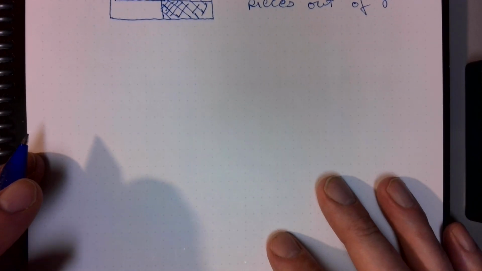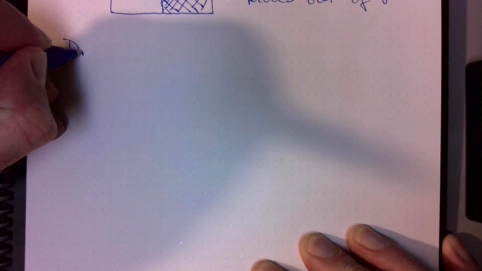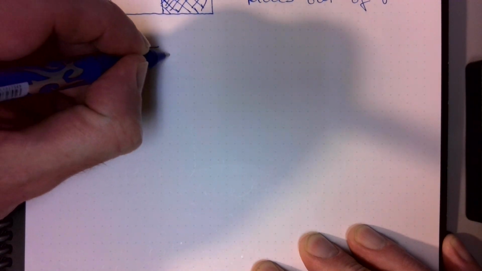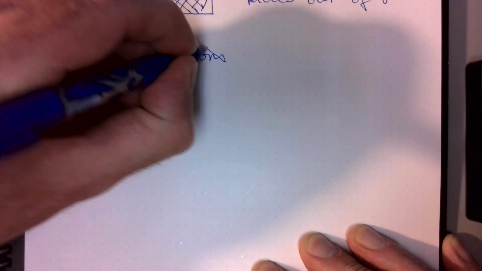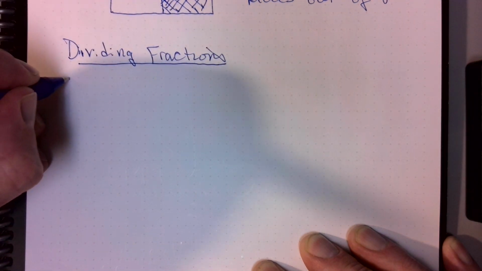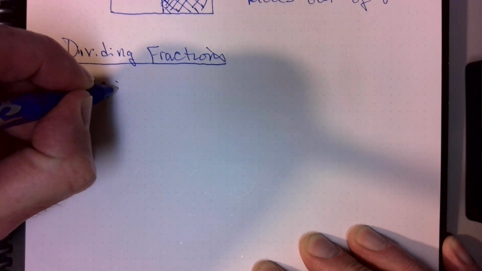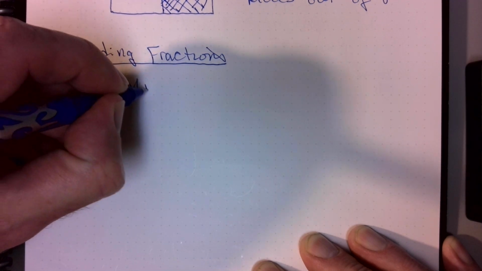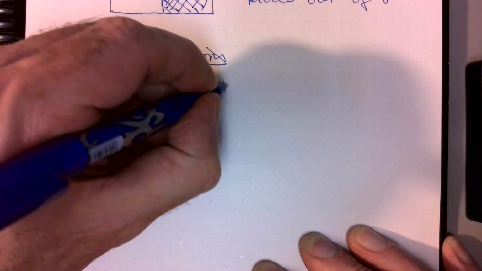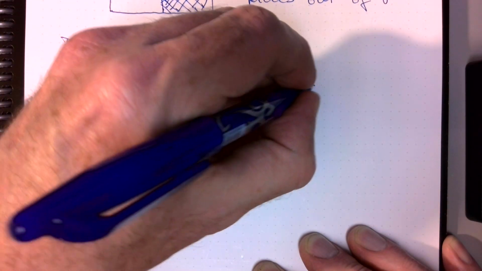Now, when we're talking about dividing fractions, the rule is multiply by the reciprocal.